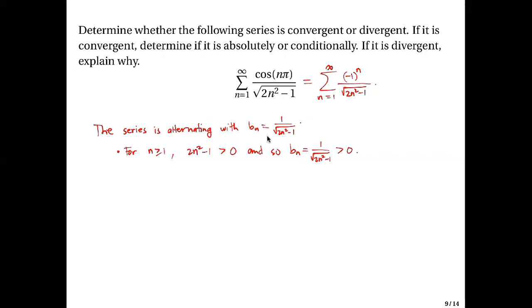This tells us that the square root is defined. And since we just take the principal square root, we get positive values, so you have positive b_n's. Now, as n increases, square root of 2n squared minus 1 also increases, so b_n decreases.